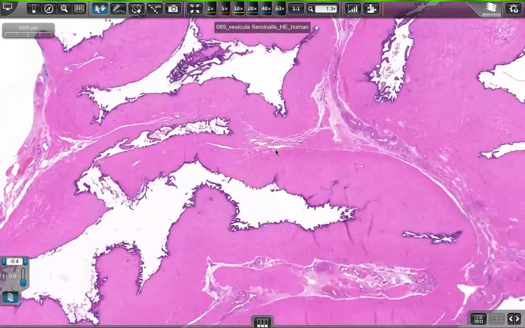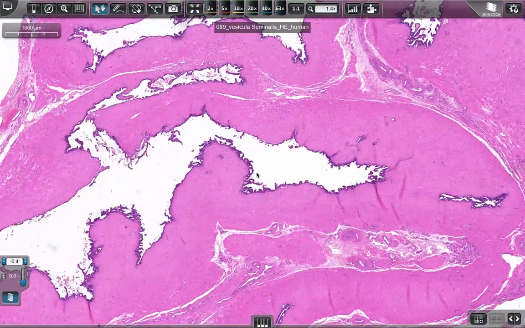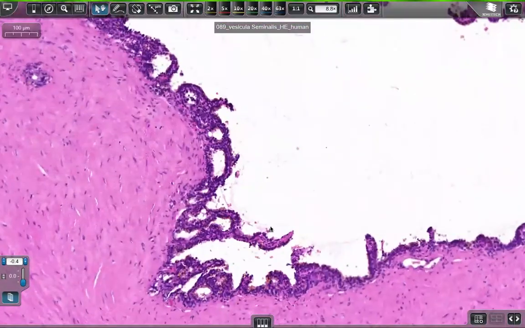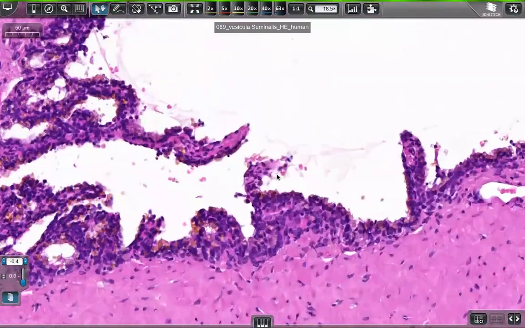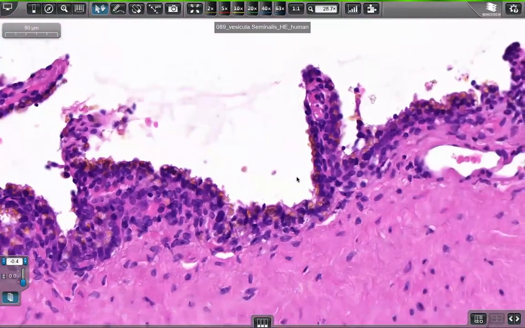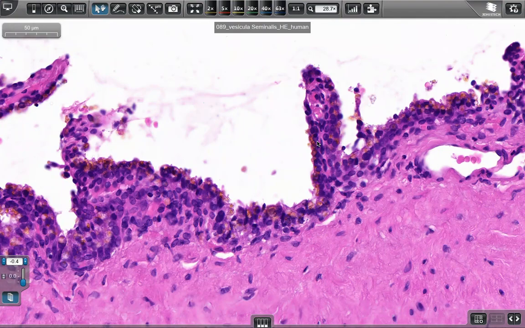When we look at the internal surface, we can see the lining epithelium, which is simple cuboidal epithelium. So simple cuboidal, or somewhere stratified cuboidal because of the appearance.